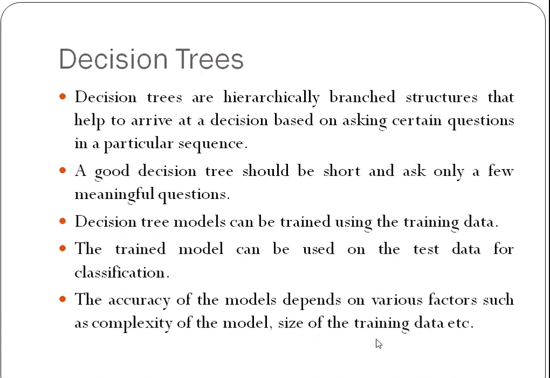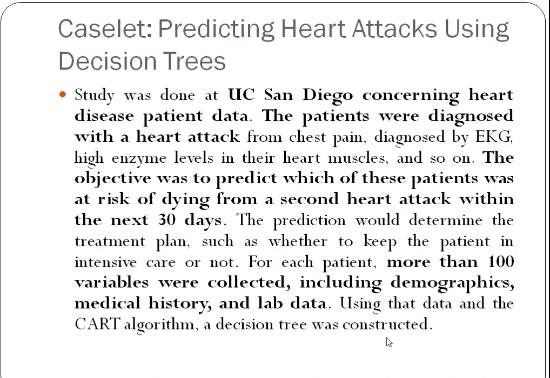The training data size is also very important. If the training data size is larger, the knowledge extracted from that data would be higher, so accuracy would be higher. This is an example caselet: predicting heart attacks using a decision tree. This case study was conducted by the University of California, San Diego, regarding heart patients.